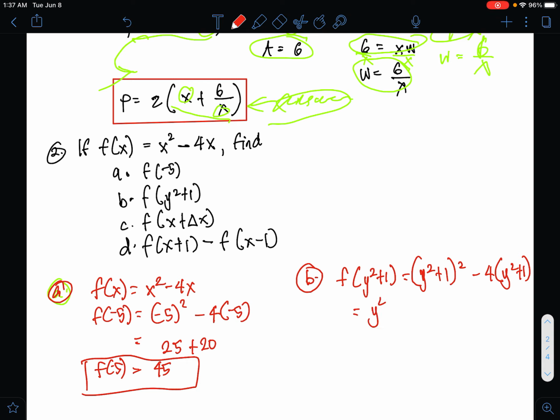So this is y to the 4th plus 2y squared plus 1, minus 4y squared minus 4. We can combine like terms: that's y to the power of 4 minus 2y squared, and negative 4 plus 1 is minus 3. And that is your final answer.